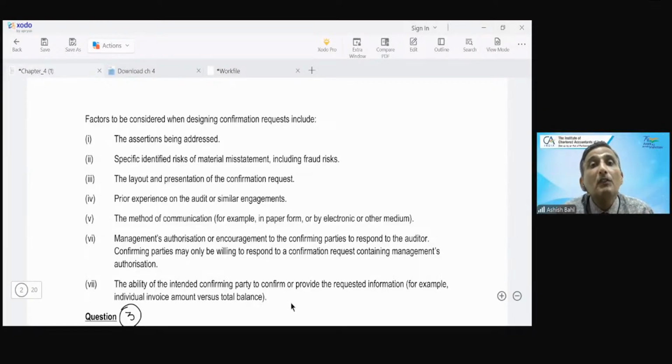But if you take a deep breath and think for a few seconds and see what the question is asking, what are the factors to be considered for designing confirmation requests, obviously you would be able to write at least 2-3 of these factors. Yes, clear guys?